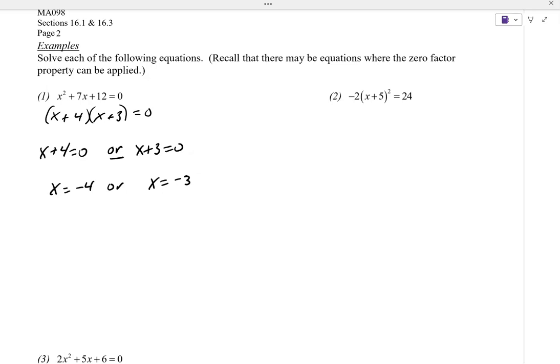I want to get that squared all by itself, so what do we want to do to both sides? I want to see that x plus 5 squared all by itself. Do I want to add it? Because it's multiplied. That's what we wanted to do.